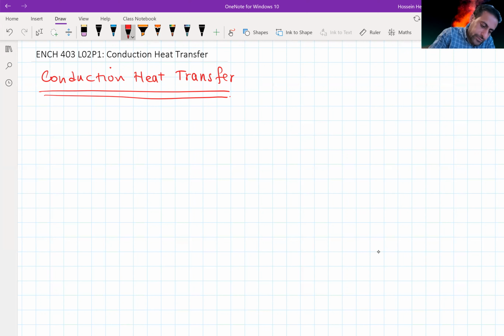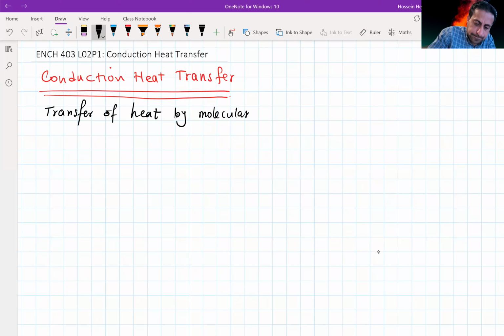Conduction refers to the transfer of heat by molecular or atomic interaction.